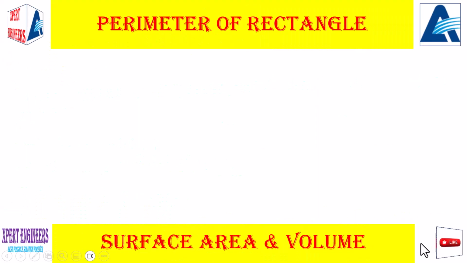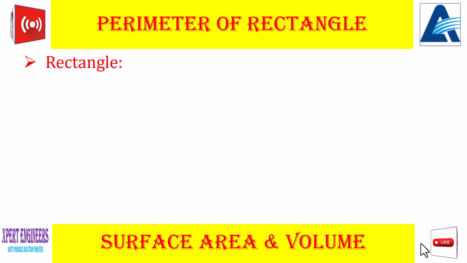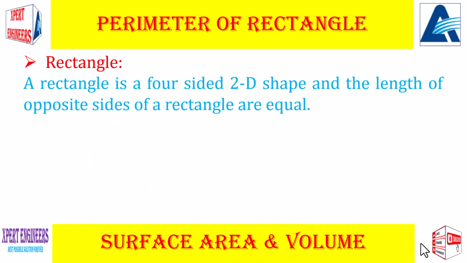Now we will discuss the perimeter of rectangle. Before going to proceed further, first we will discuss what is a rectangle. A rectangle is a four-sided two-dimensional shape and the lengths of opposite sides of a rectangle are equal.